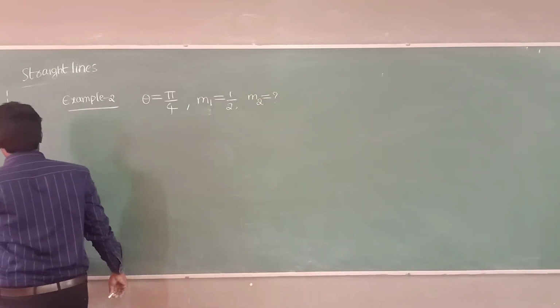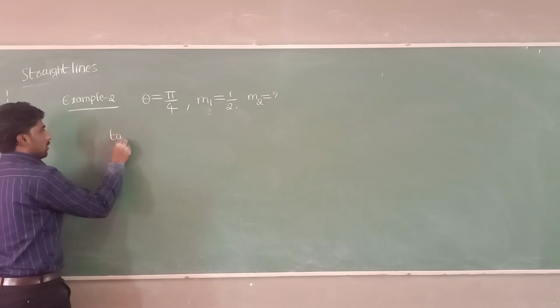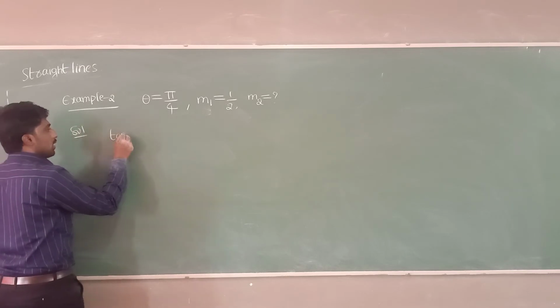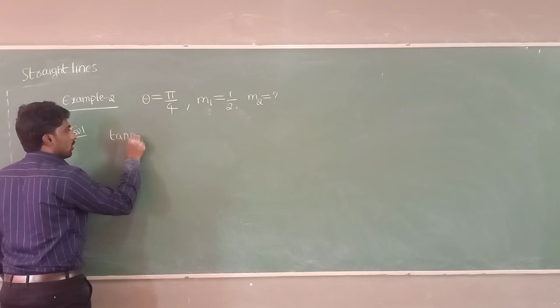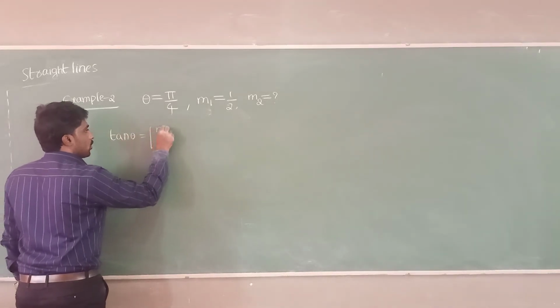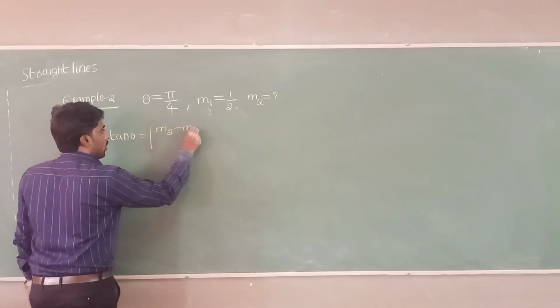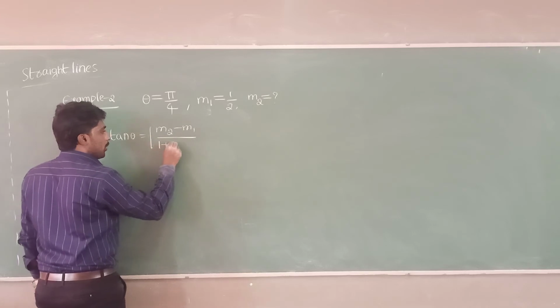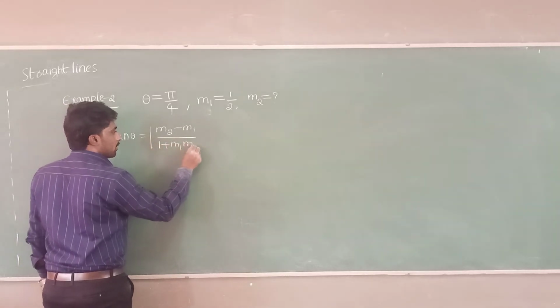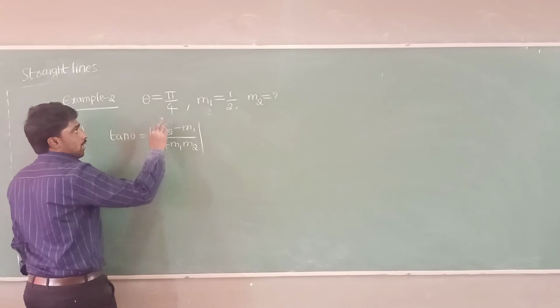Now I have a formula for tan theta. Solution: tan theta equal to modulus of (m2 minus m1) by (1 plus m1 m2). Is it clear, everyone? Now, what is the angle here?